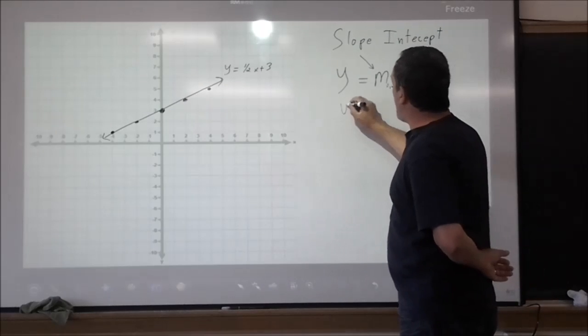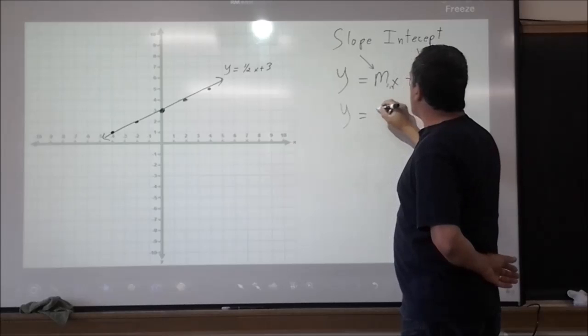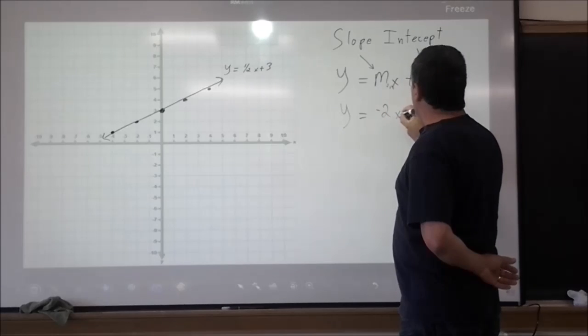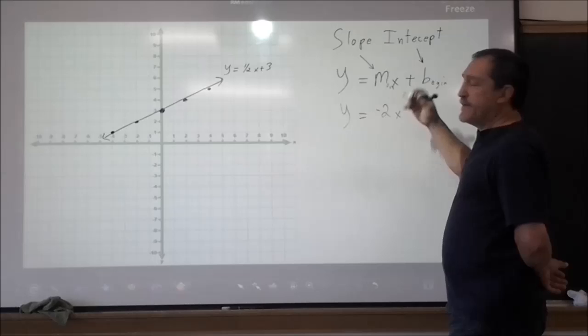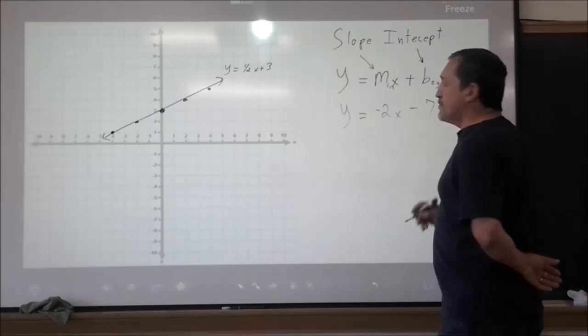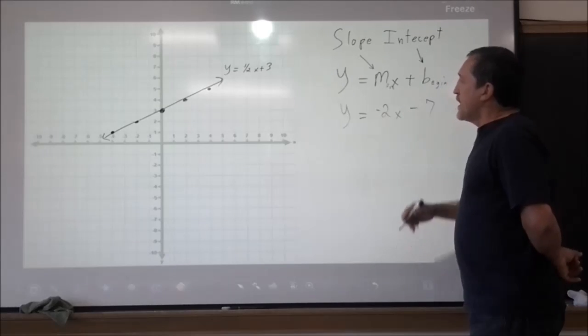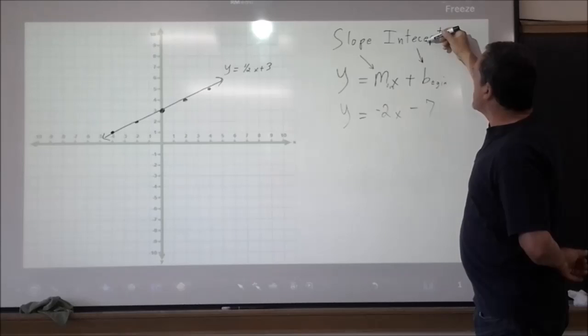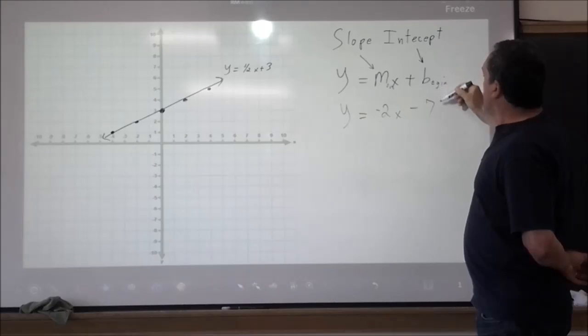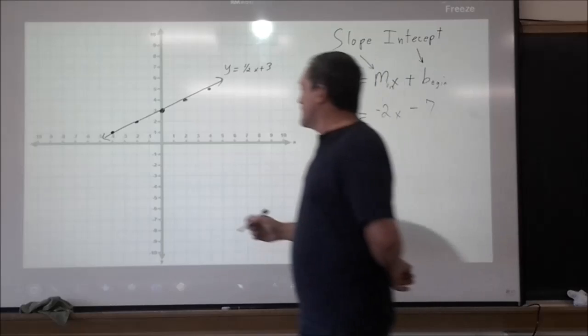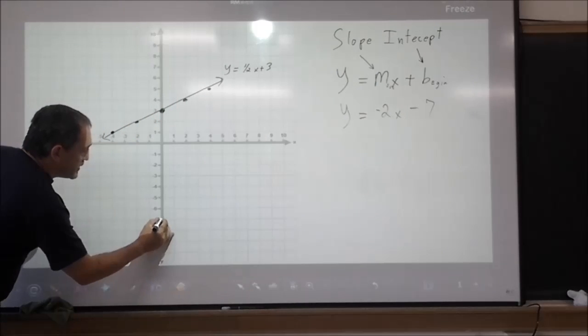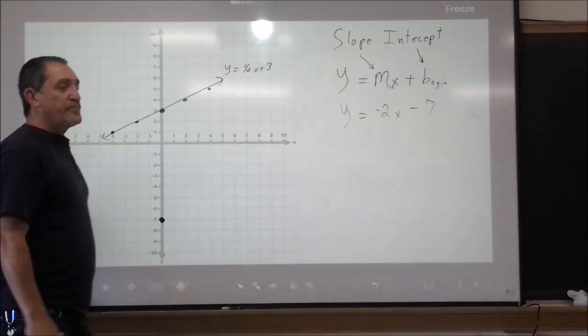Try it again. This time we'll go with y equals, let's say, -2x and a negative number or a positive number. It really doesn't matter. The beginning point is on the intercept. You begin, this time, at -7. Come over your graph, begin at -7.